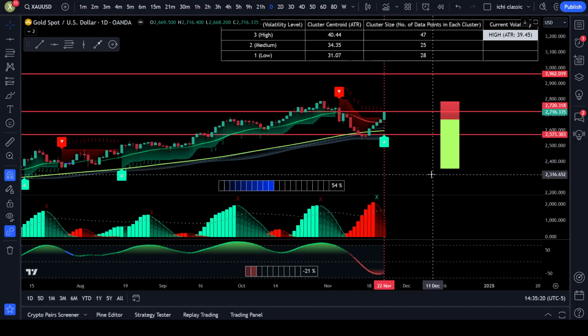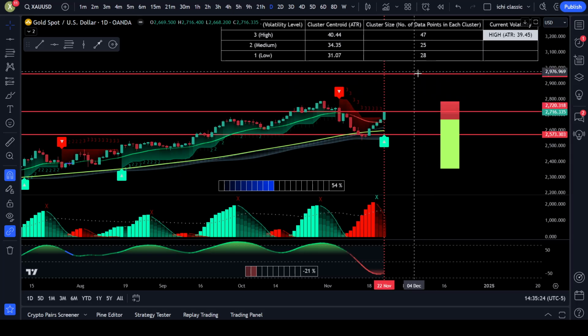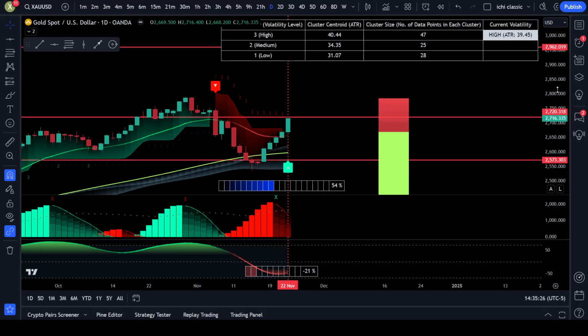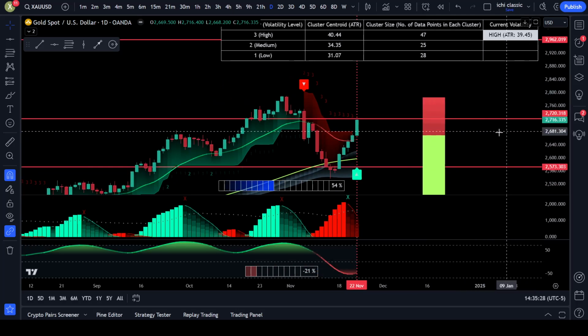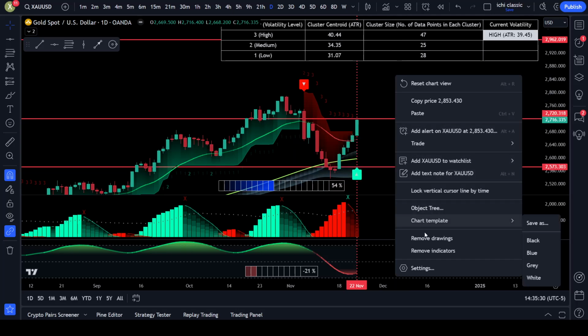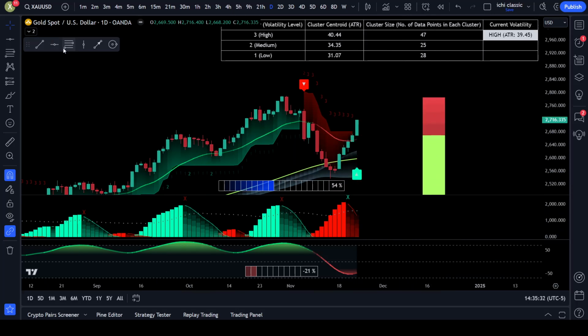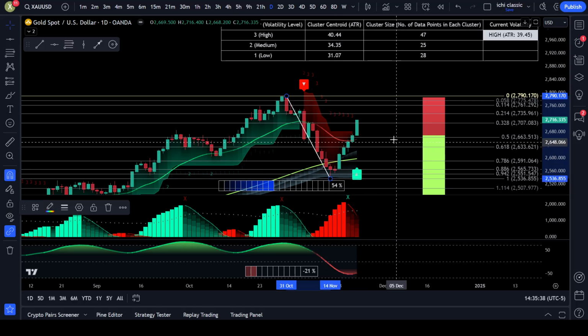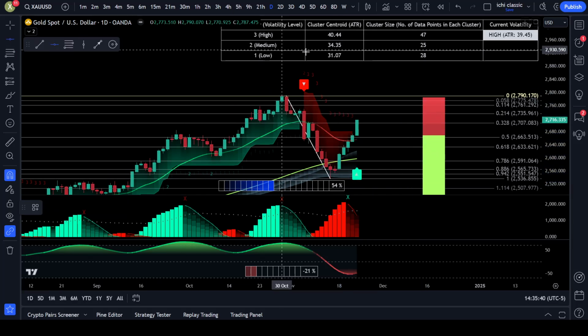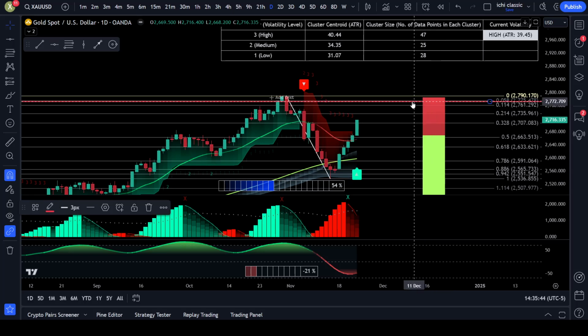At this point, of course, there is a possibility if I use my fib, and let's remove everything. If I simply fib from here to here, the key point for the gold to go to 3,000 is this level.